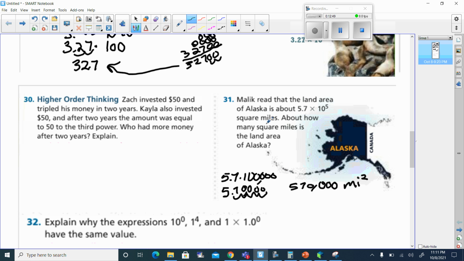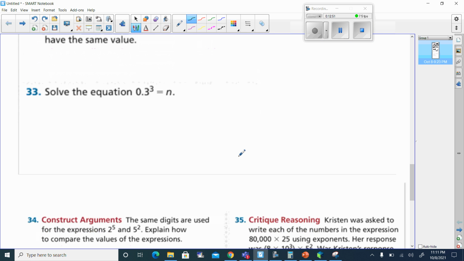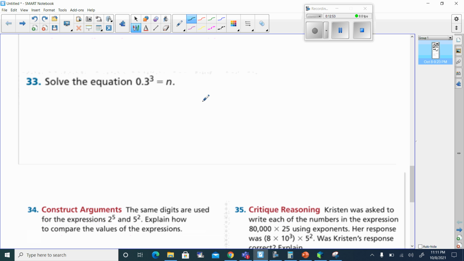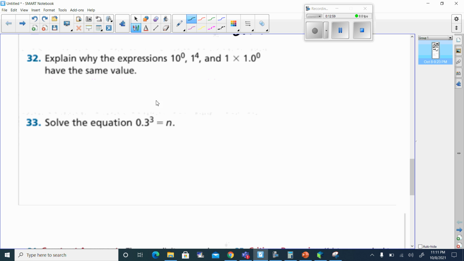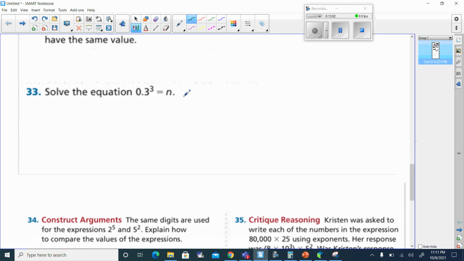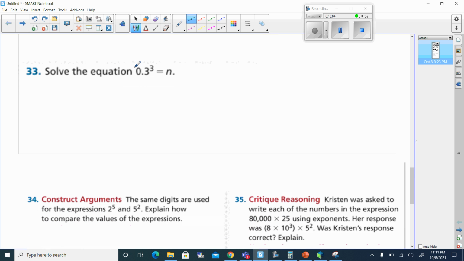All right, and now we're going to do number 33. Wow, this is a long homework page. Okay, so let's go on to number 33, and then I guess I have number, wow, it just goes on and on. It's the homework that never ends. All right, number 33, solve the equation 0.3 to the 3rd power times n. This is really 0.3 times 0.3 times 0.3, right?